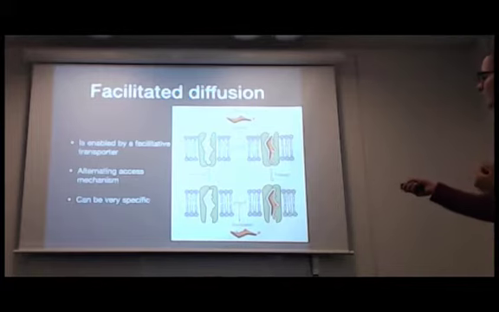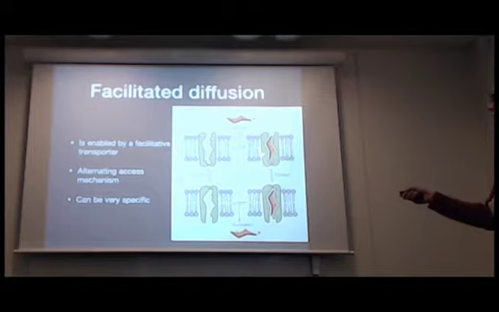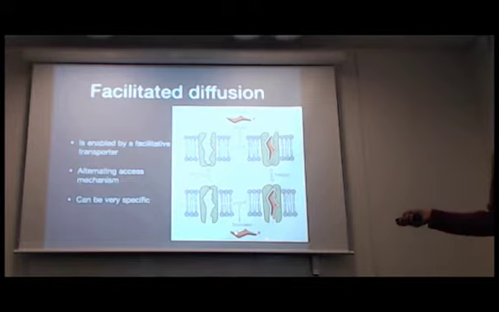This binding will cause a conformational change, and the change from outward facing to inward facing will be favorable, and this will allow dissociation of the sugar into the cell.